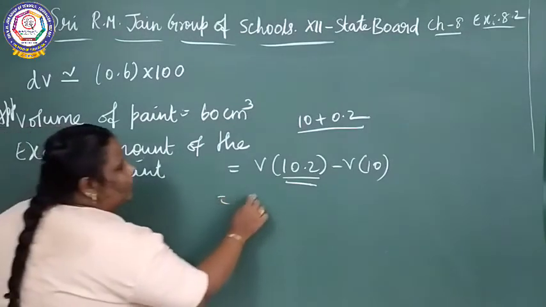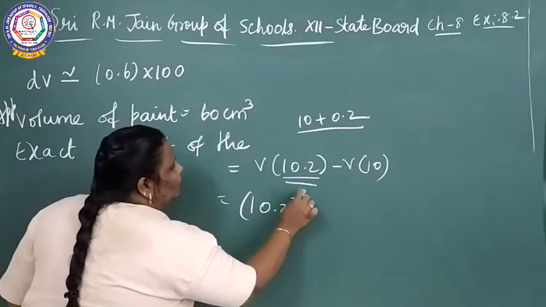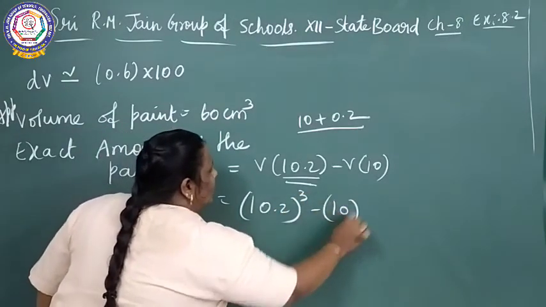So what is the value we are getting? Volume is nothing but A cube, so 10.2 cube minus 10 cube.